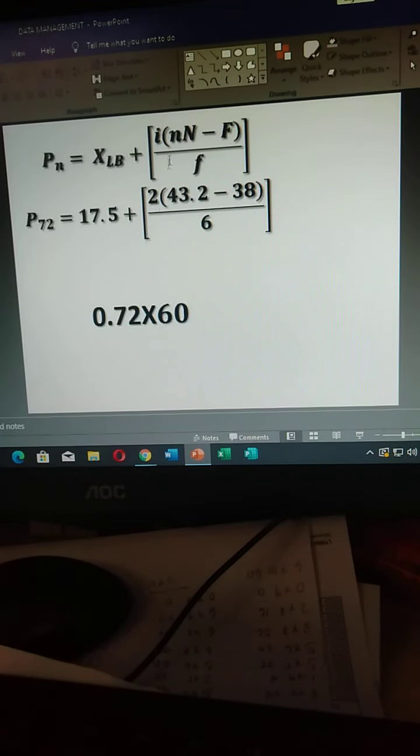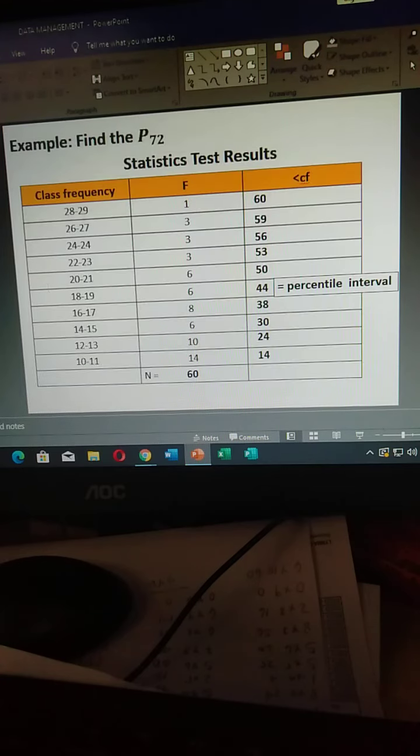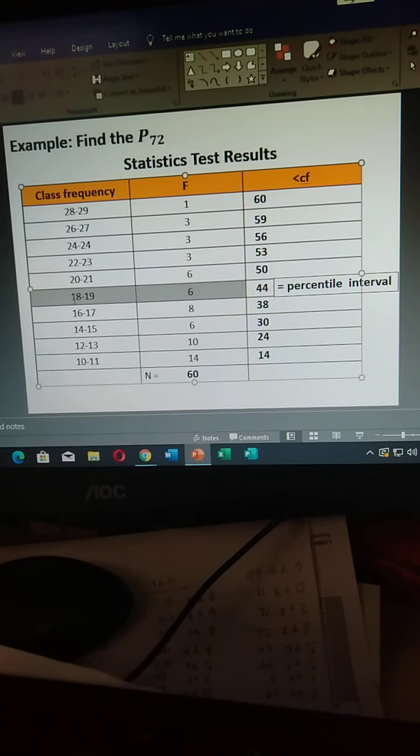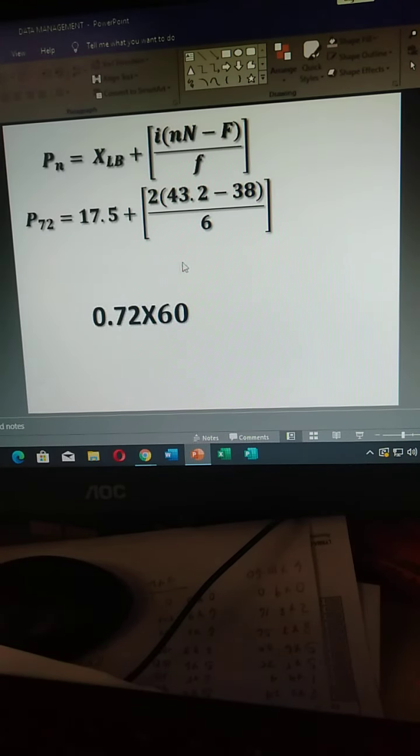Kaya dito makikita nyo yung i natin is 2 at yung maliit na f natin is 6. Dito naman sa XLB or the lower boundary, dito mo siya kukunin. Ang lower boundary ay nasa lower limit which is 18, at mag-subtract ka lang ng 0.5 to get 17.5. Itong 0.72 times 60 ay itong nakuha, 43.2.